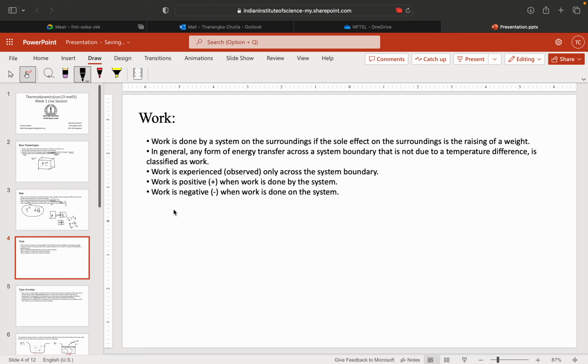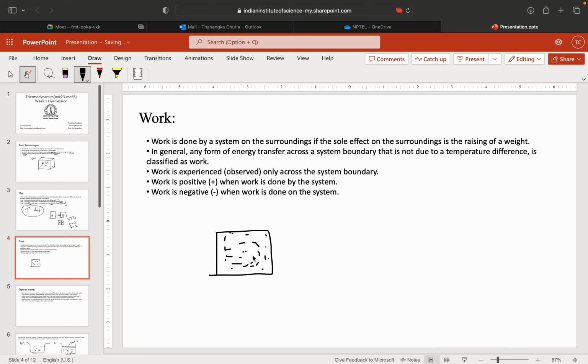Now work is also a form of energy, but the definition of work is such that, suppose this whole thing is a system, and inside this there is a gas.